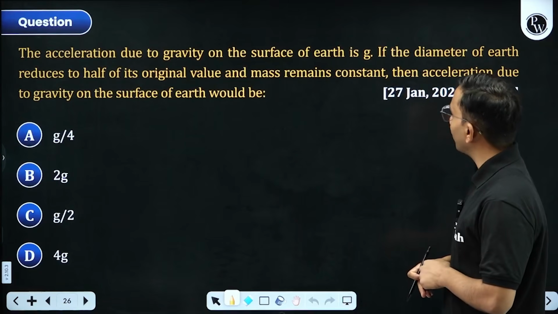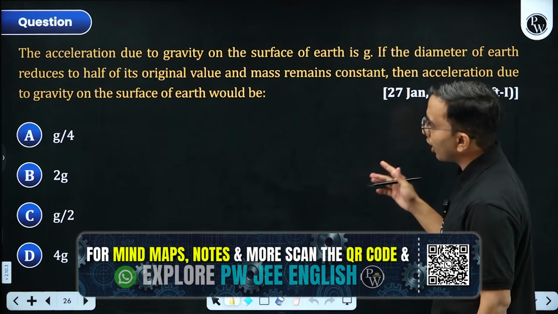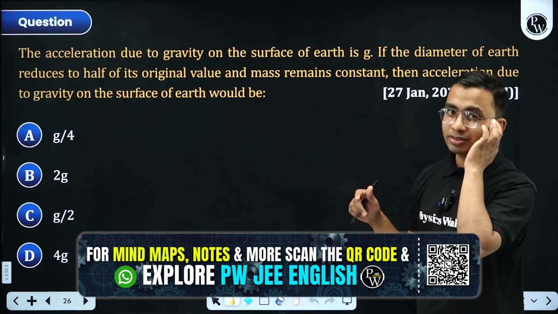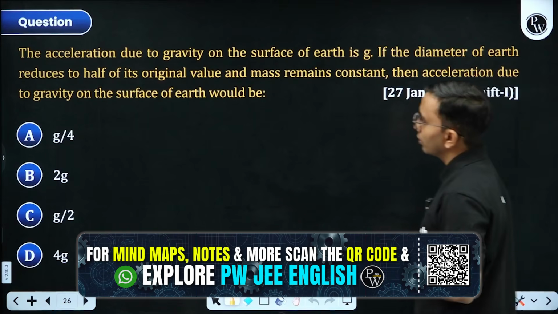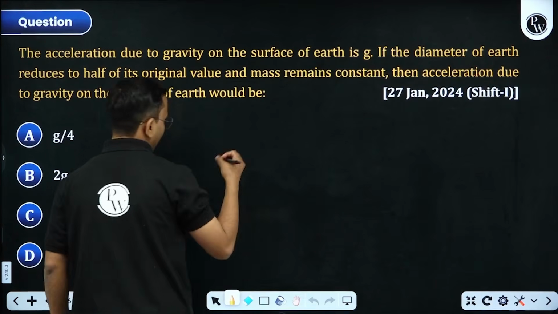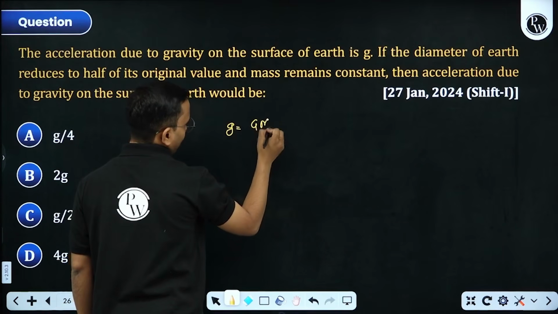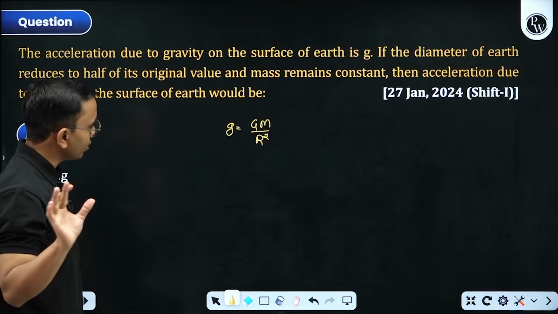The acceleration due to gravity on the surface of Earth is g. If the diameter of Earth reduces to half of its original value, half of the original value means the radius is getting halved. Mass remains constant. The acceleration due to gravity on the surface of Earth would become? So g we know, that is GM by r square, clear to us on the surface of Earth.